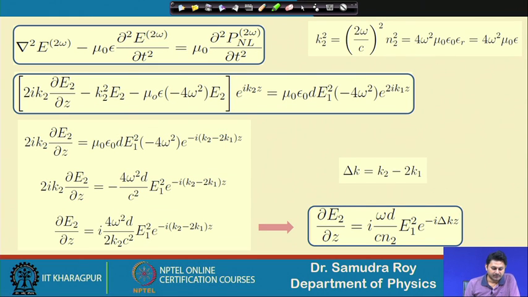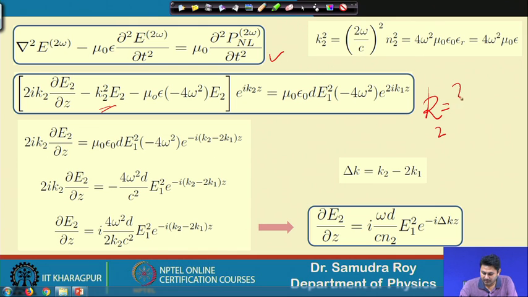Okay. So, let us see what is happening here. This is my nonlinear Maxwell's equation. Before going to the next step, we will try to find out the value of k2. We know that k2 is the frequency 2 omega divided by c multiplied by the refractive index at 2 omega, or n2.